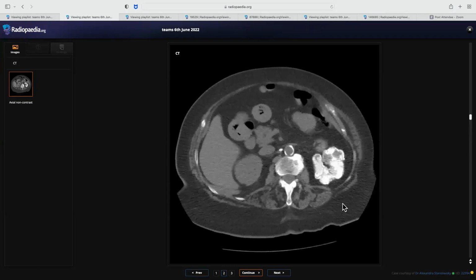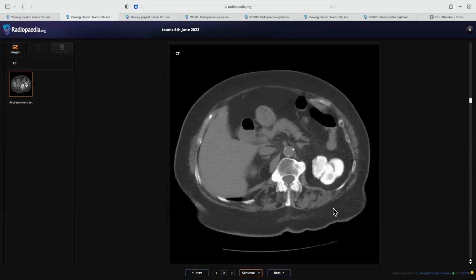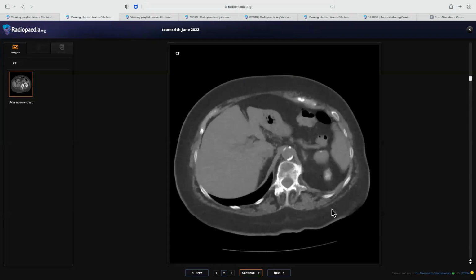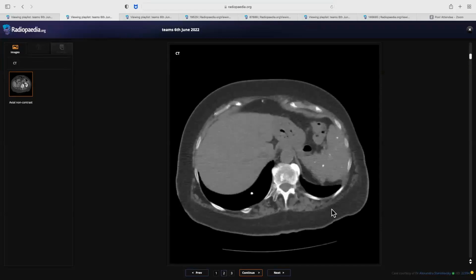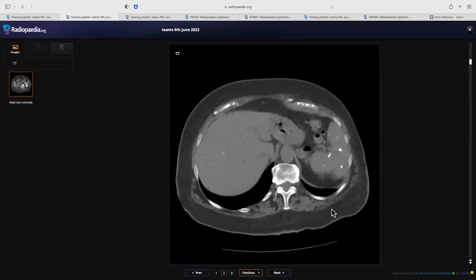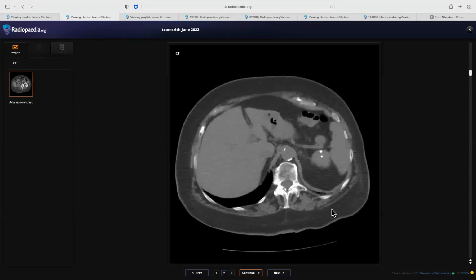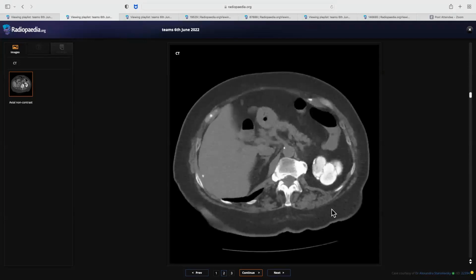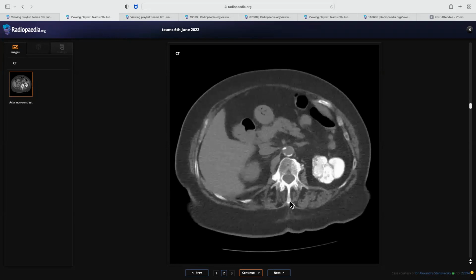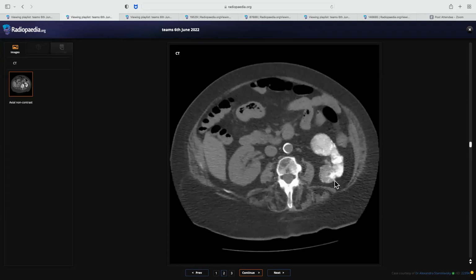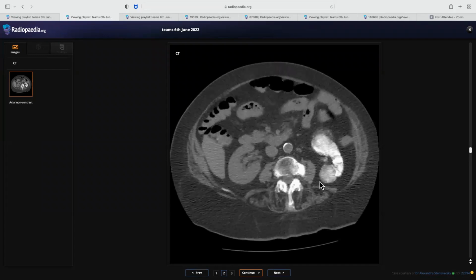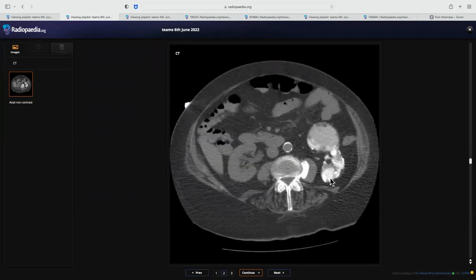I don't see any areas of lymphadenopathy in the abdominal stations. I can see a few calcified granulomas in the liver and spleen. So I'm thinking of granulomatous disease, which is causing calcified granulomas in the liver and spleen, and I'm thinking it's also causing the same abnormality in the kidney, which is calcified now.